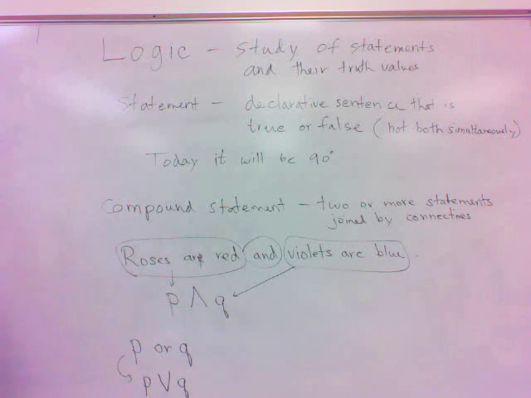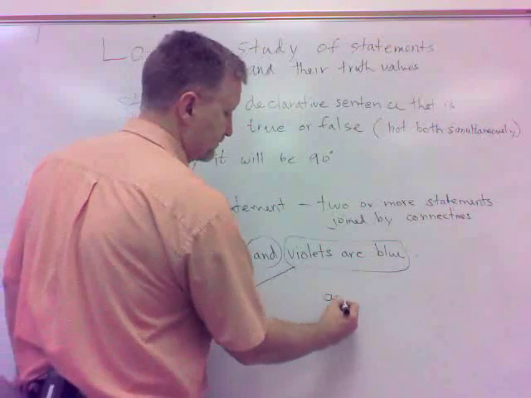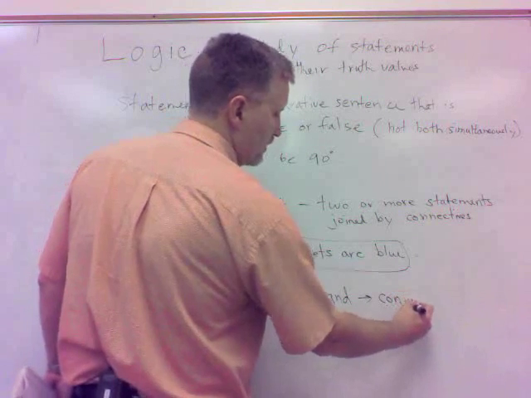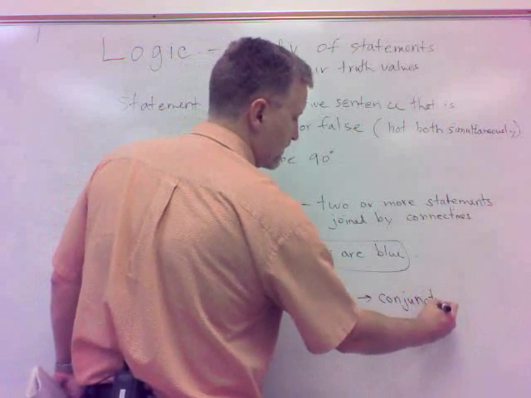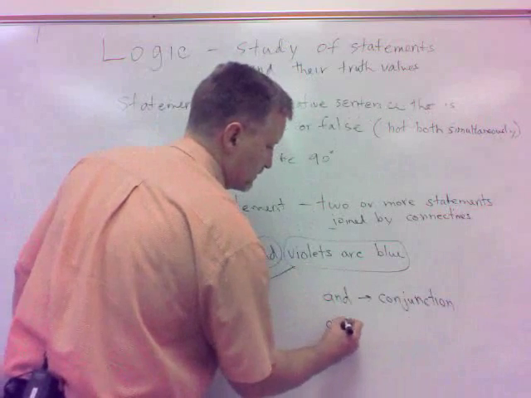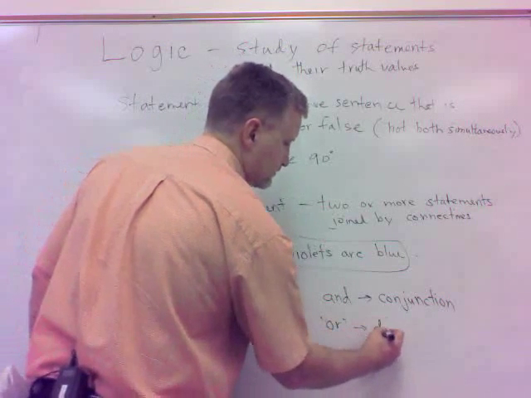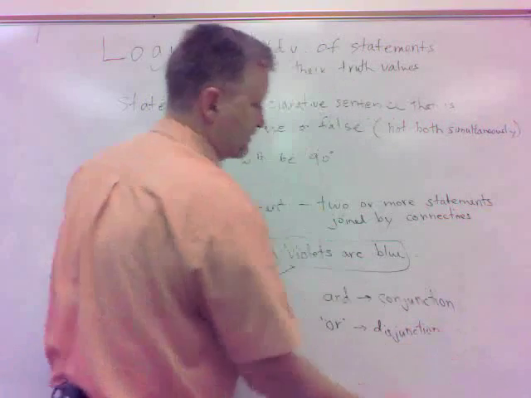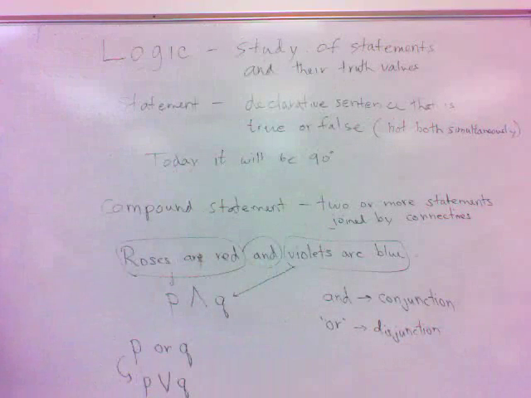"And" statements are known as conjunctions, and "or" statements are disjunctions. "And" is conjunction, "or" is disjunction. They may ask about that terminology, but that's all.